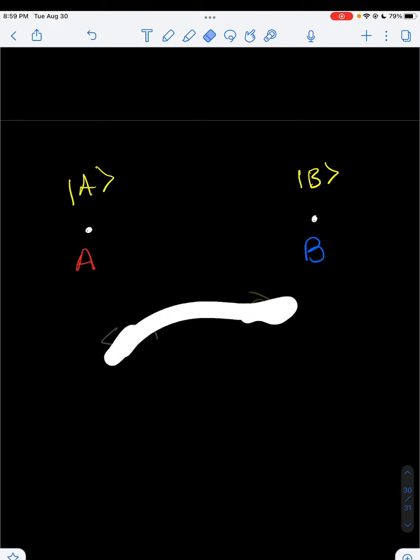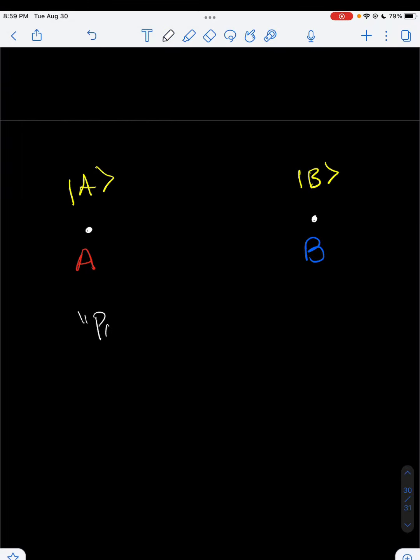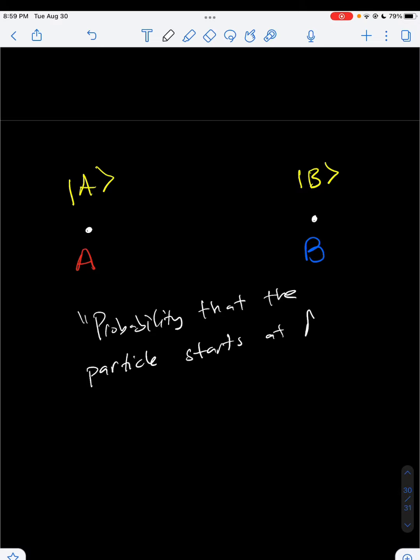So the question that we should really be asking here is, what is the probability that the particle starts at A and then we measure it at B in time t?